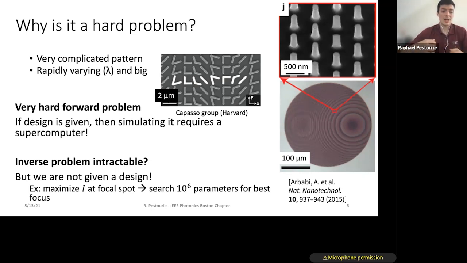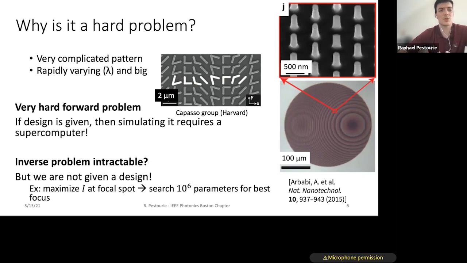Given a metasurface, one of these devices, it's already very difficult to simulate the forward problem, just to simulate the scattered field. It already requires supercomputer-scale resources.